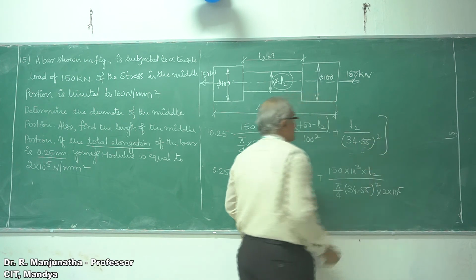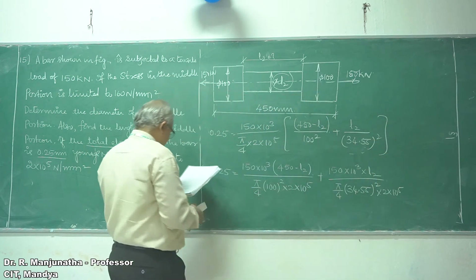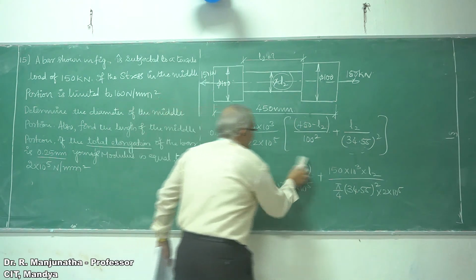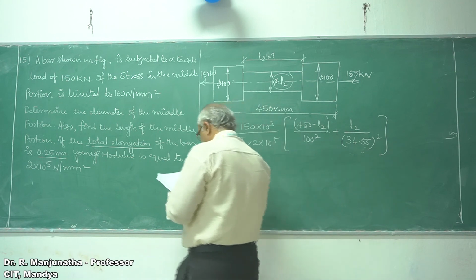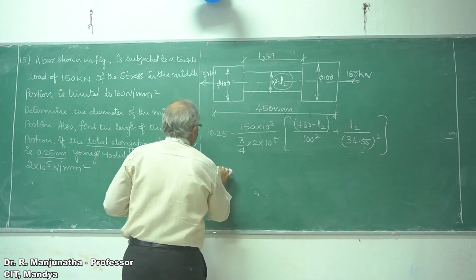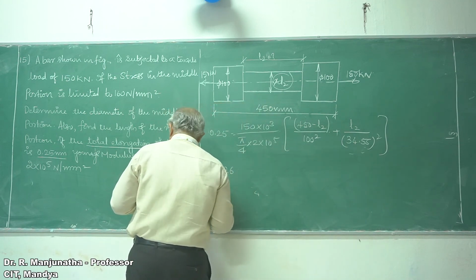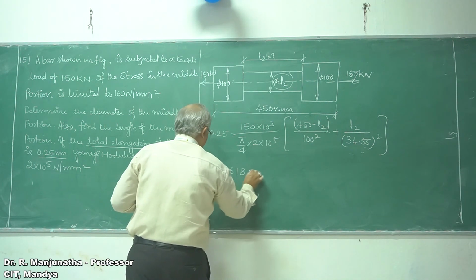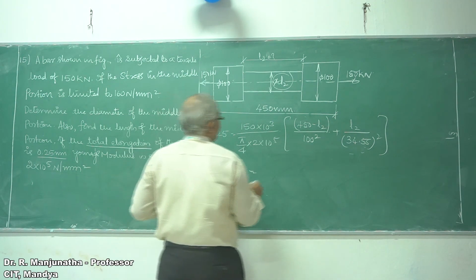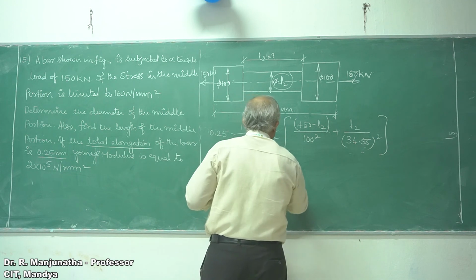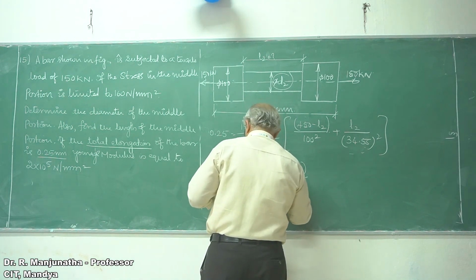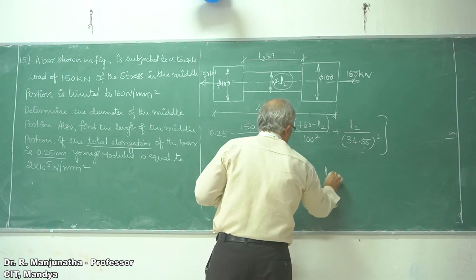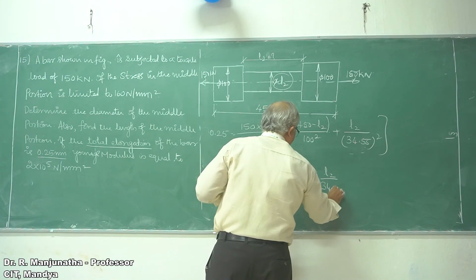So this is going to be the expression, and after simplifying this, we get 0.2618 will be equal to 450 minus L2 by 100 squared plus L2 by 34.55 squared.